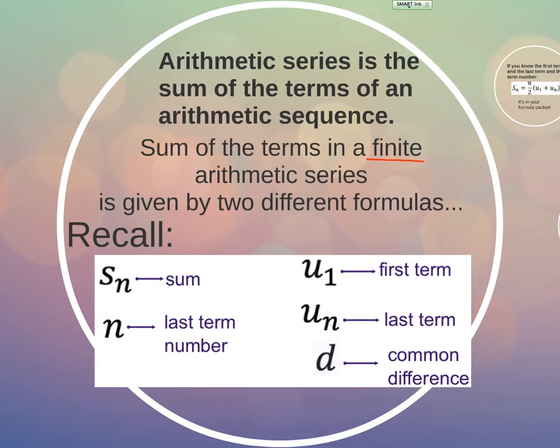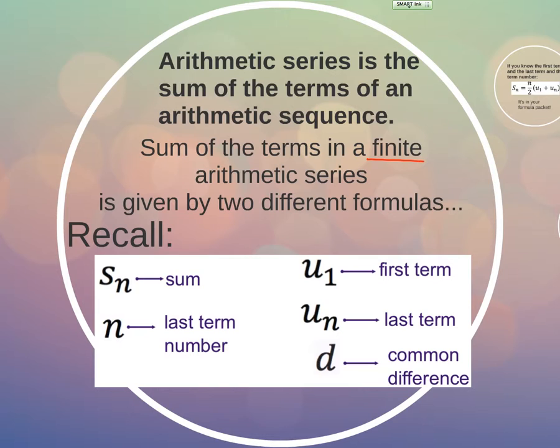We are not going to add up all the terms to infinity, because that would just be infinity or negative infinity. But we can add up a certain amount of terms, like the first 12 terms, the first 25, the first 50, whatever it happens to be. So again, it has to be finite, a certain number of terms.